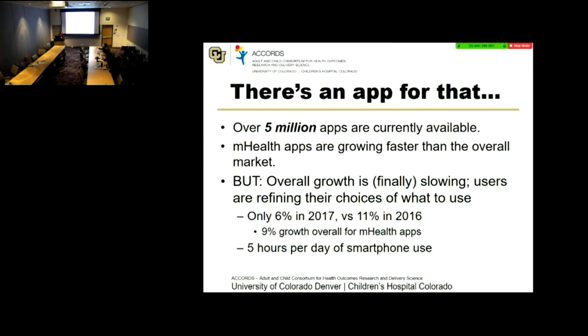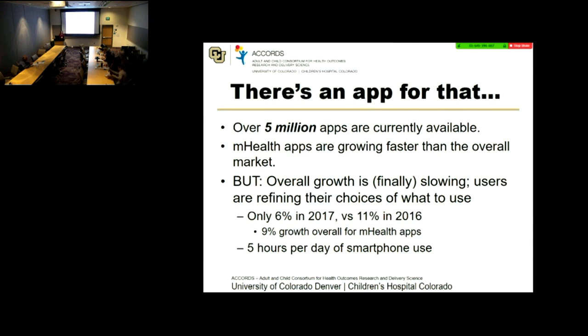But overall growth is finally slowing. Things are beginning to stabilize, even in the app market itself. So we're looking at 9% growth in apps overall in 2017 versus a faster pace in 2016.